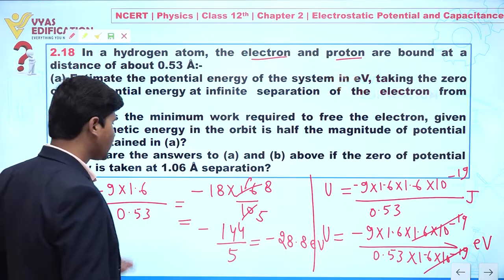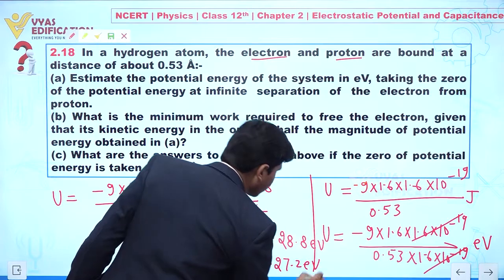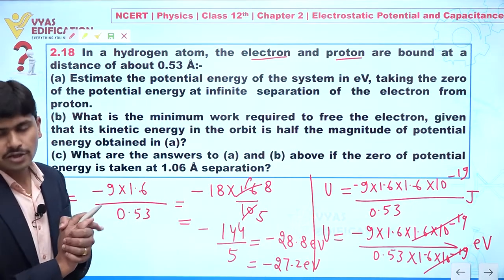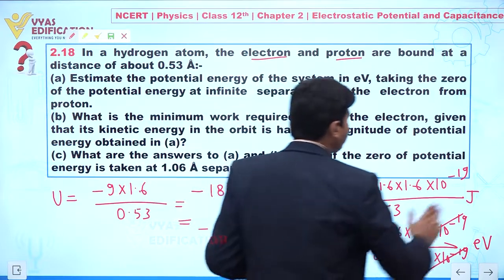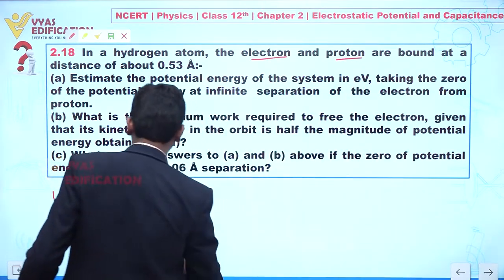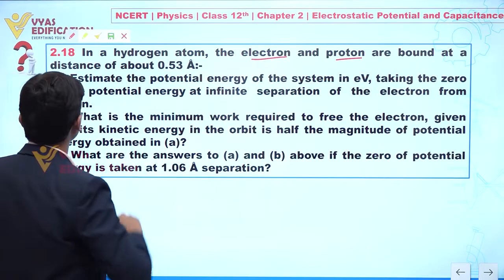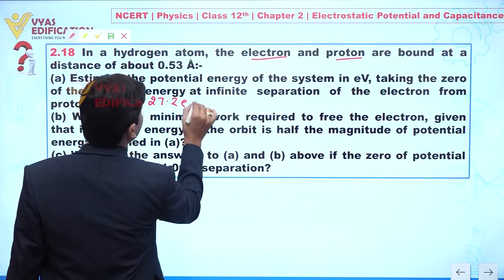If you actually calculate, you will find this is equal to minus 27.2 electron volt. So remember, here we are getting potential energy minus 27.2 electron volt. Clear to everyone? So I am writing here potential energy minus 27.2 electron volt.